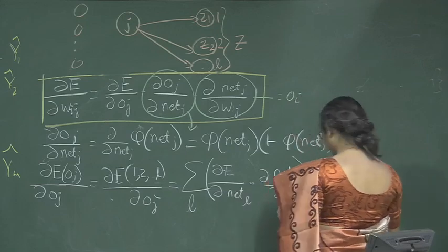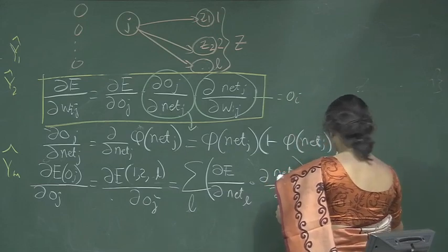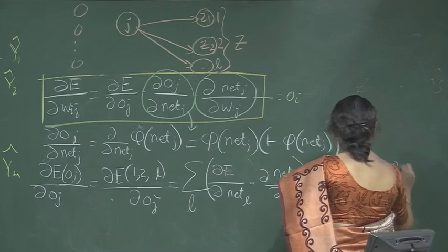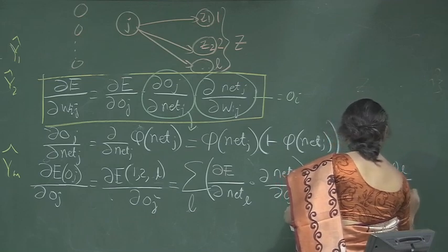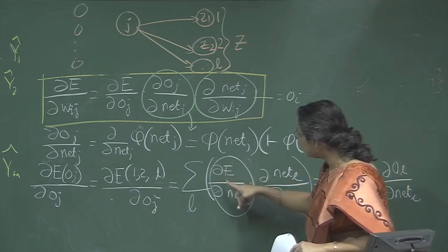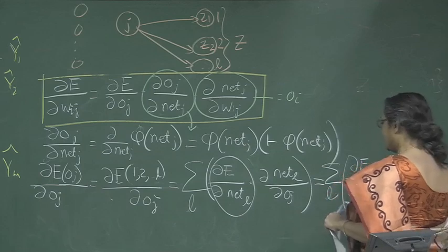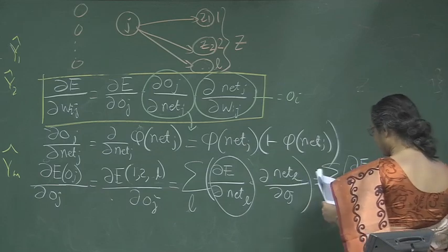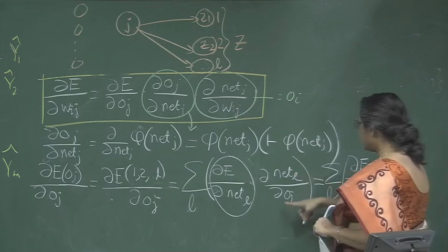Output here is OL, so we can write it as del E by del OL by del net L. So, this part I have expanded to del E by del OL times del OL by del net L, and we have del net L by del Oj.